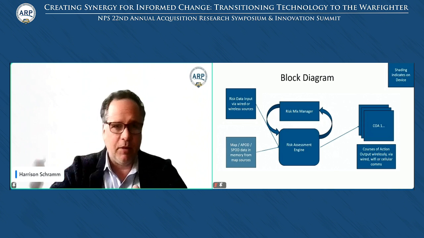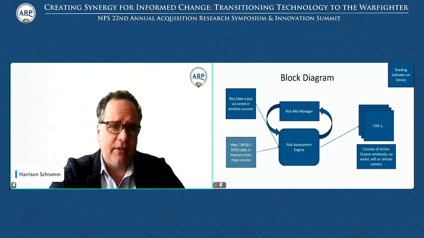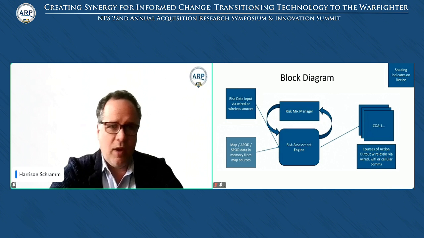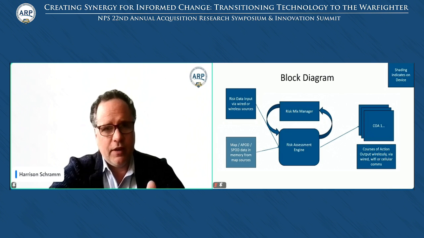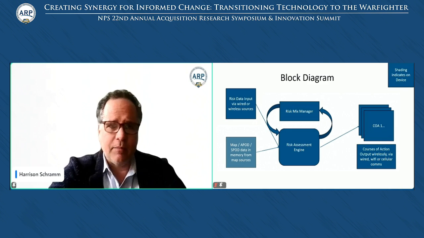And using a little bit of mathematical sleight of hand that I'm going to show you in the next couple slides, it's going to generate courses of action, and those are going to be output wired or wirelessly, depending on how you want to communicate. It turns out that communicating with onboarding and offboarding data is really not the interesting dimension of this problem. Next slide, please.